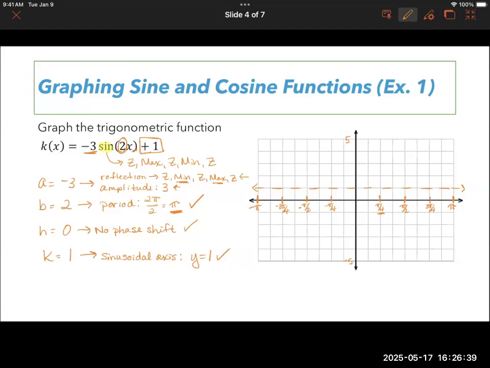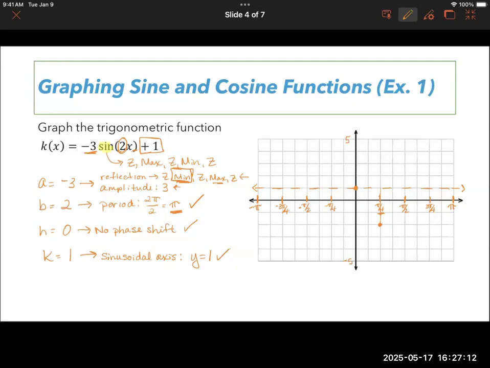So I will be starting at the 0 here on the sinusoidal axis. I will be going to a minimum next, and that minimum needs to be 3 units down from my sinusoidal axis. So at my tick mark of pi over 4, I will come 3 units down from my sinusoidal axis, and that's where my minimum point will be.